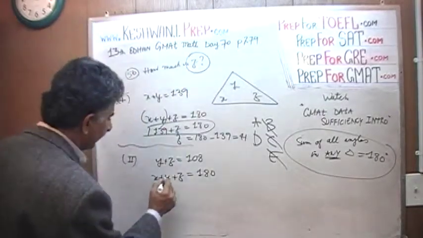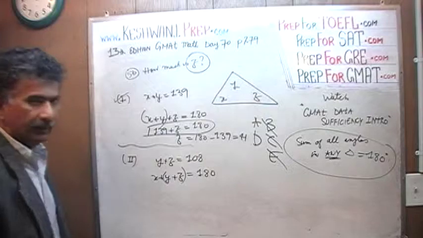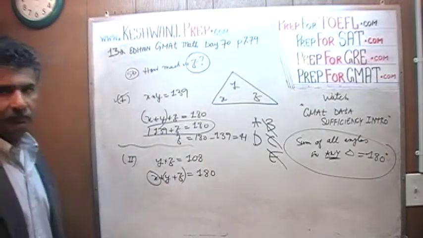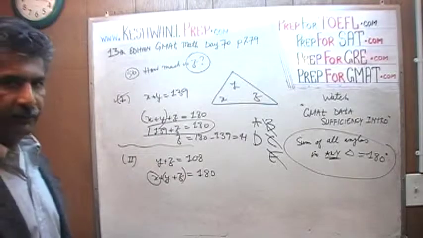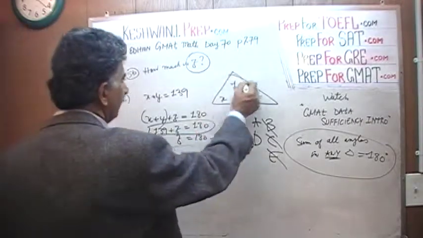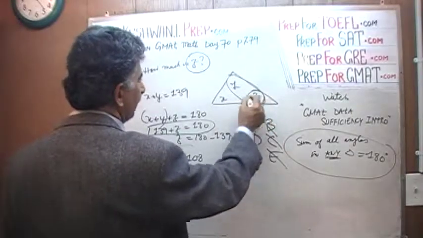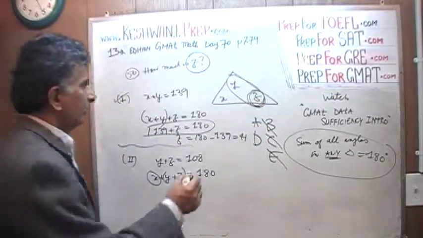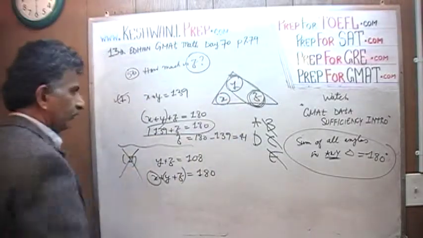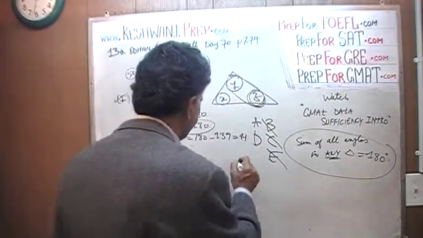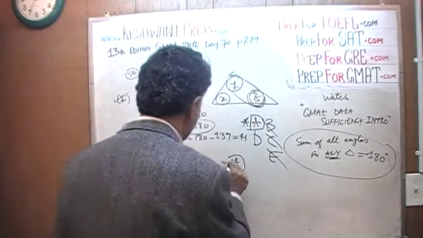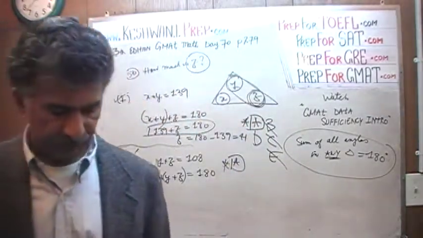Simply knowing that Y plus Z equals 108, we cannot figure it out because we need to know a little bit about X. Simply knowing the sum of Y and Z is not going to help us figure out the individual value of Z without knowing either something about Y or something about X. The second statement is no good. Therefore, the answer is A. Only the first statement by itself does the job.